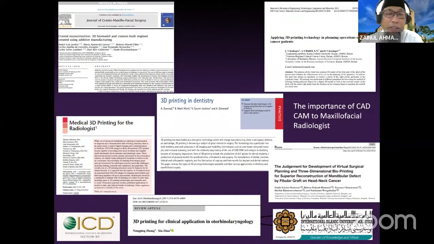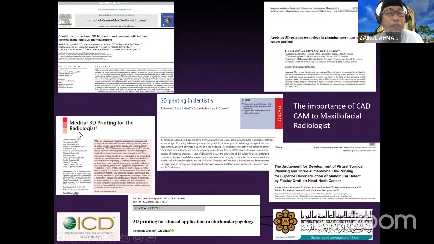Therefore, as you can see, the progress of 3D printing is very fast, and you can see computer-aided design and manufacturing published. There are a lot of papers published, especially related to radiologists, also oral maxillofacial radiology. So in other words, we can see cranial reconstruction, a 3D biomodel of a custom-built implant created using additive manufacturing.